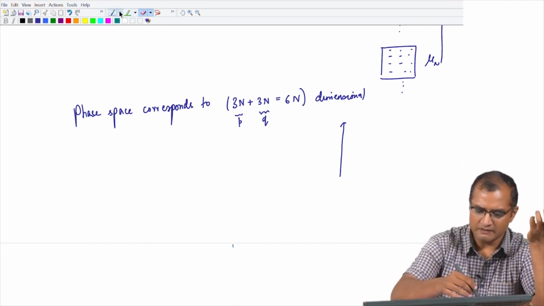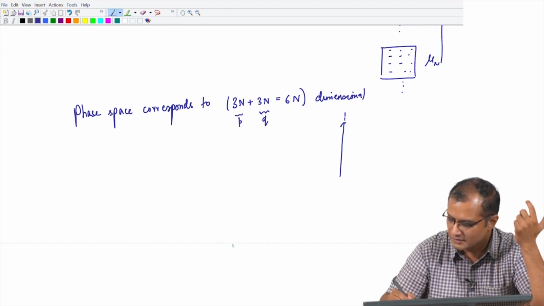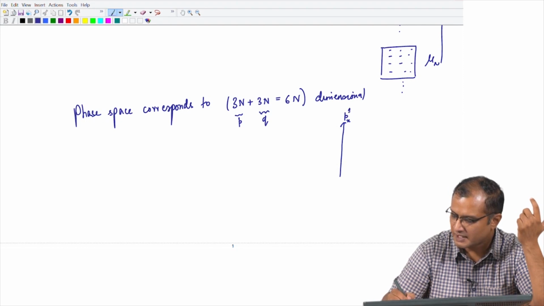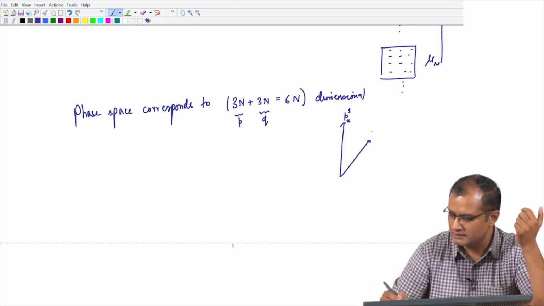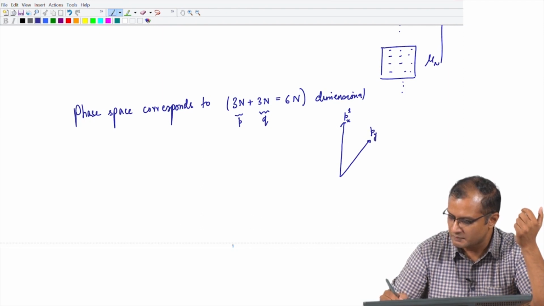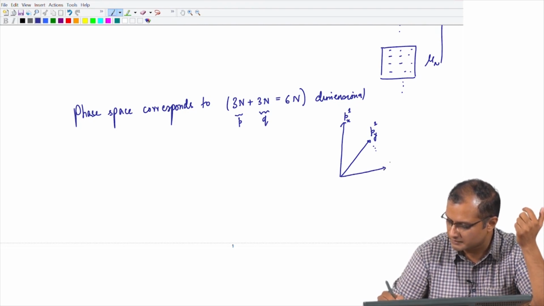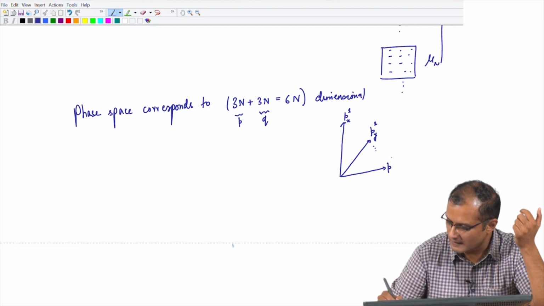but you can think of 6N orthogonal axes. So, one of them could be the px, the x component of momentum of the first particle, then you can take another coordinate as py of the first particle, and in this way you can take one more here.